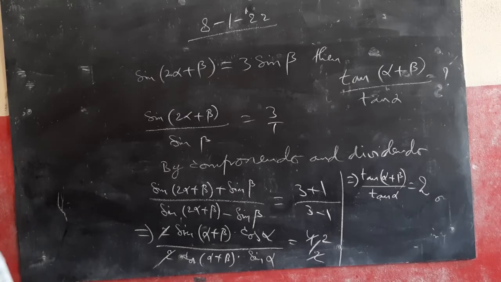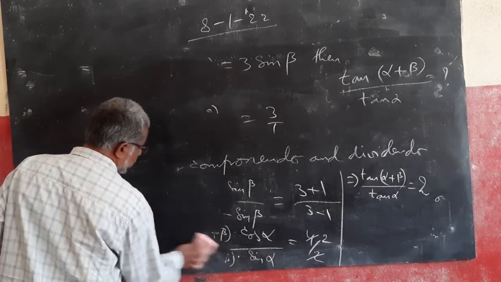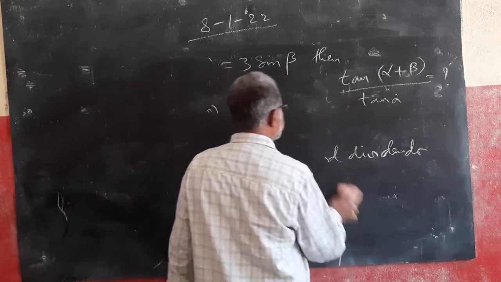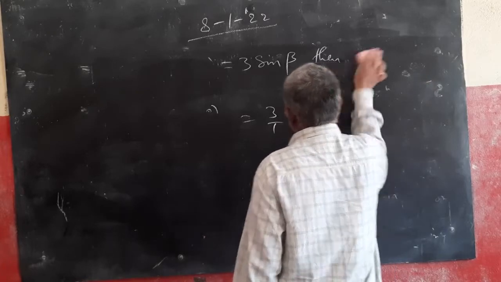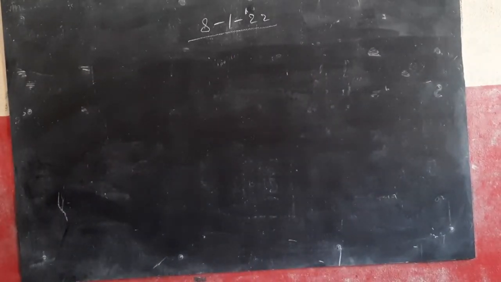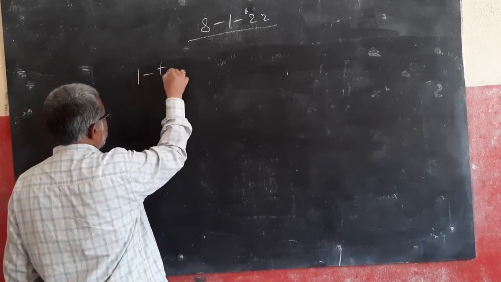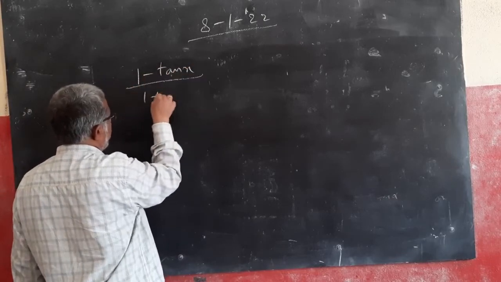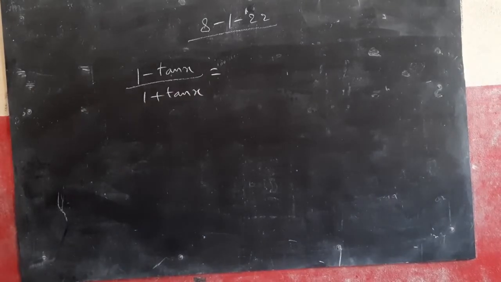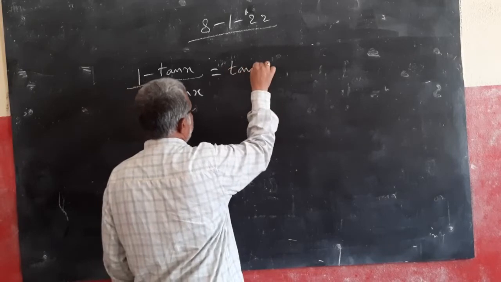Next, 8th sum, this is the 7th sum, still we will do the 8th sum. What is the 8th one? He is giving (1 minus tan x) by (1 plus tan x) equal to tan y.